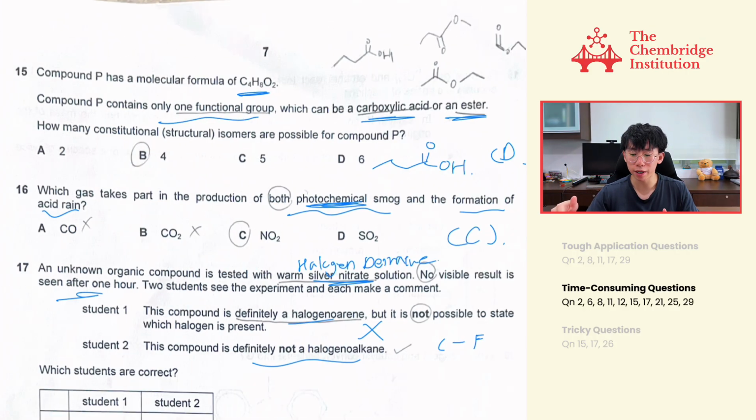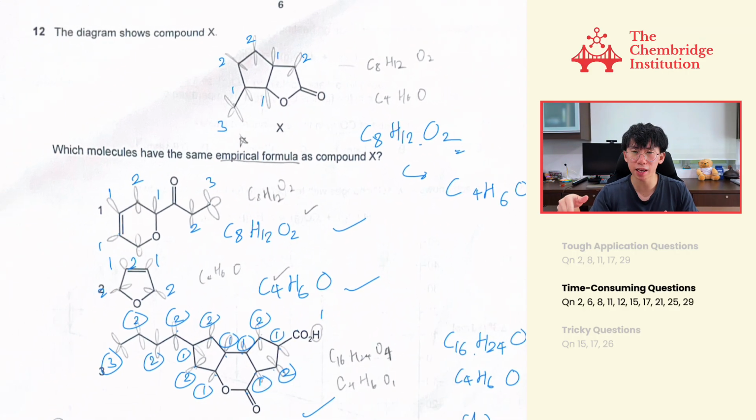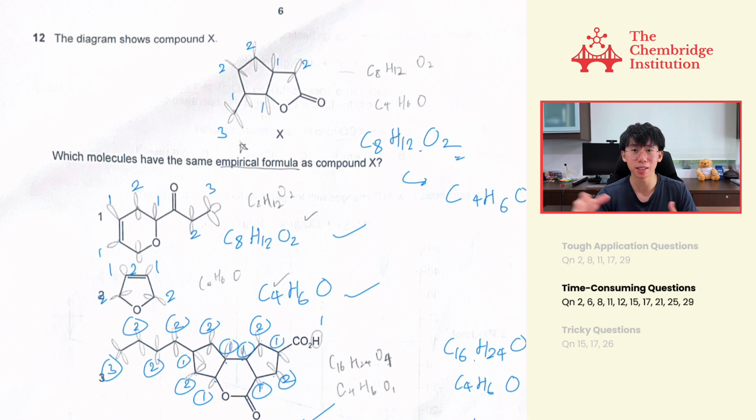This is just an empirical formula question that asks you to count the number of carbons and hydrogens, which is really no skill at all, but you have to properly count the number of carbon, hydrogen, and oxygen, and make sure you count correctly. Then when you count correctly for all of the options, you can come to the correct answer of A over here. So this is why it's a very time-sucking question. And you look at it, wow, there's 10 questions out of 30 that can suck your time a lot.